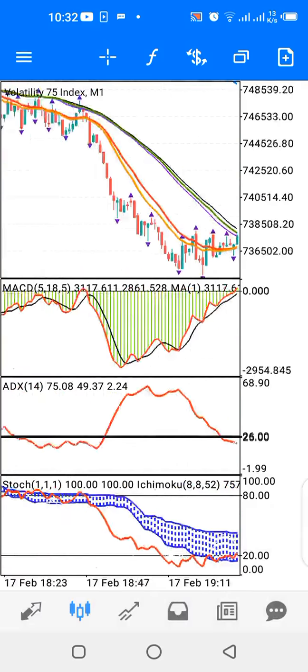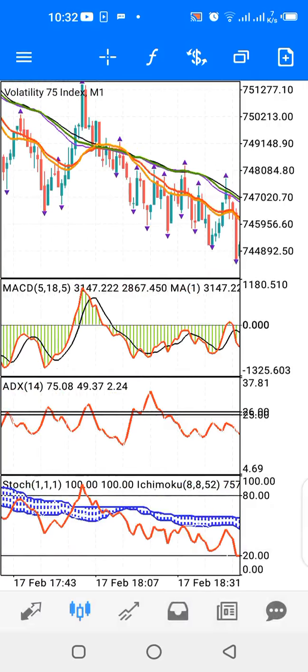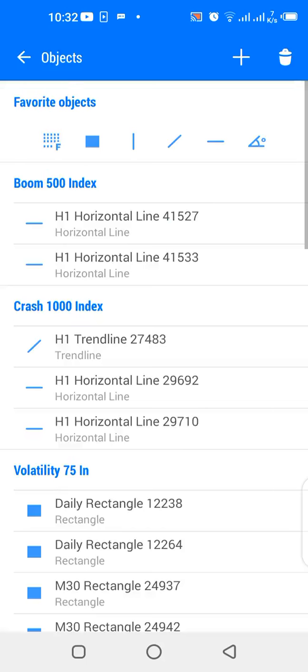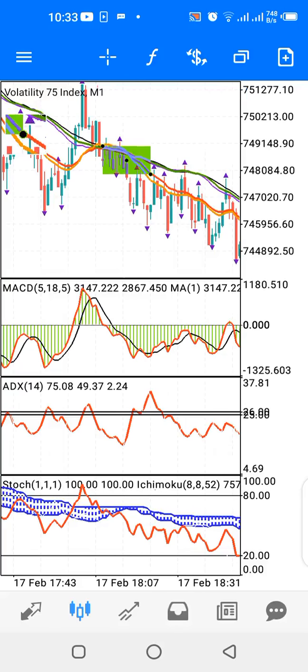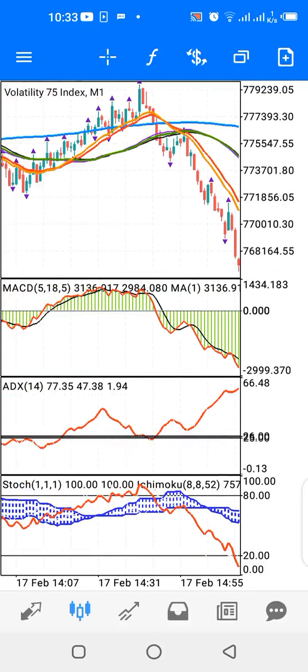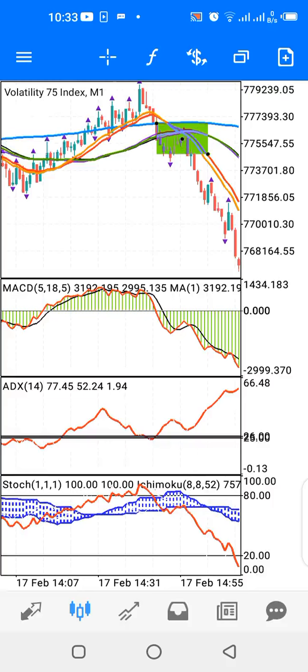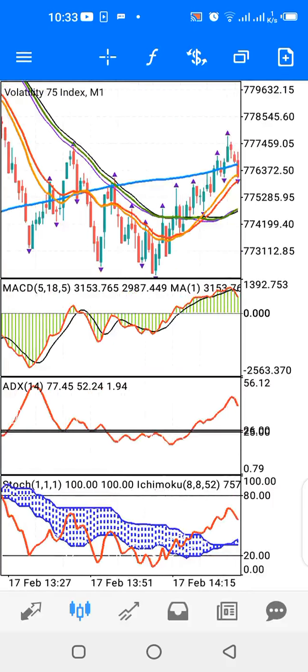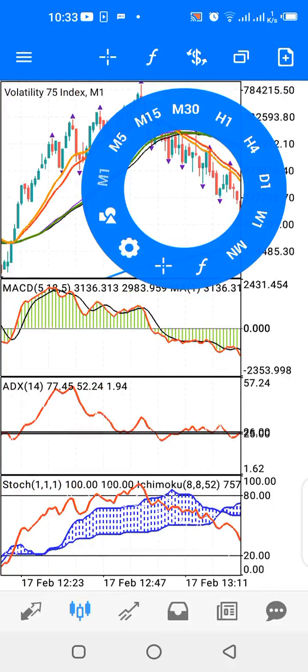Let's look at where we have a sell signal. There's a sell signal here. This is a sell signal. There's another sell signal. This is another one.